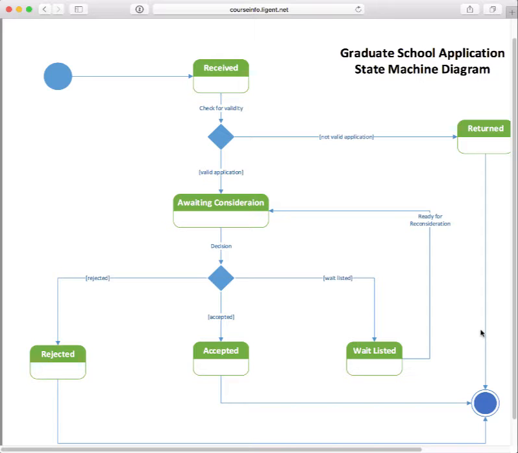So you say, well, we need to know the state of the application. That sounds like an attribute. So I'm going to have this attribute called state, and it's going to have the following legal values: received, awaiting consideration, returned, rejected, accepted, waitlisted.